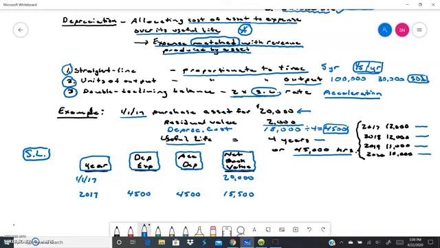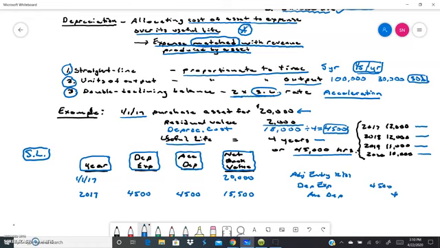Now remember, this adjusting entry at 12/31 of 2017 is going to look like this: debit depreciation expense, credit accumulated depreciation, $4,500.